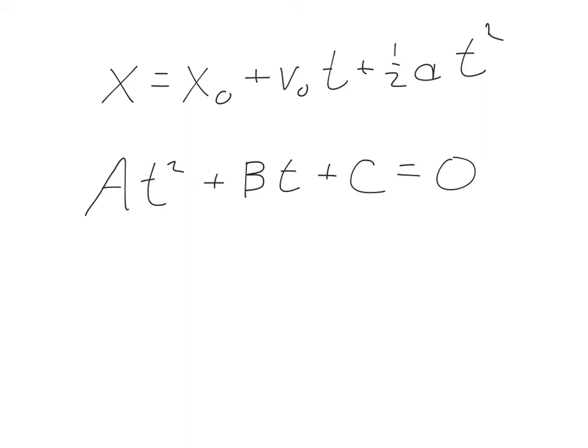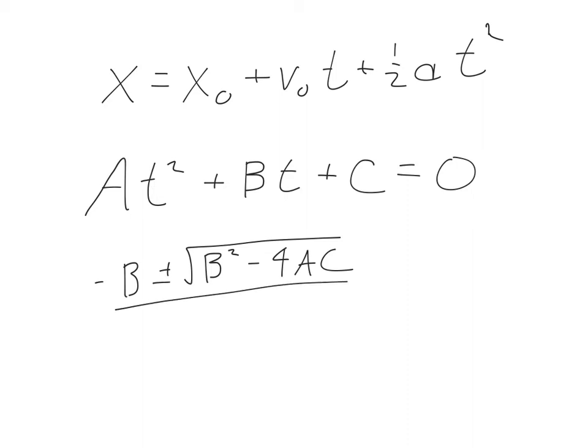The solution for the quadratic equation is negative b plus or minus the square root of b squared minus 4ac, all divided by 2 times a.